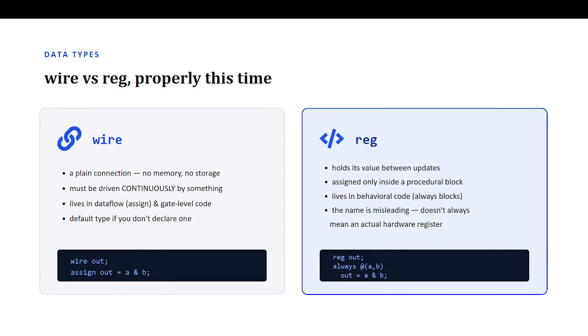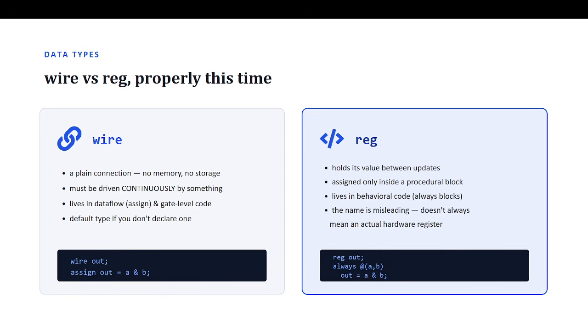Now let's look at the right hand side, reg. A reg, short for register, is fundamentally different in behavior. A reg holds its value between updates. It does not need continuous driving. Once assigned a value, it retains that value until it is explicitly assigned again.